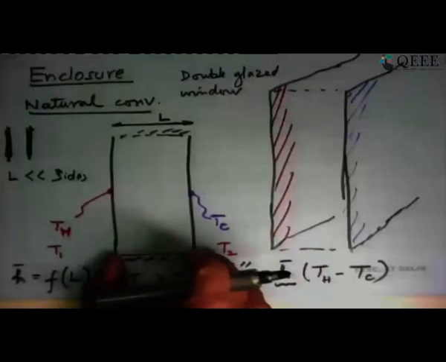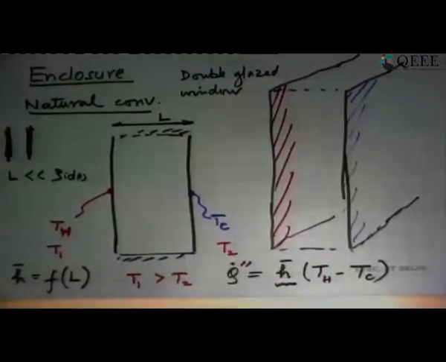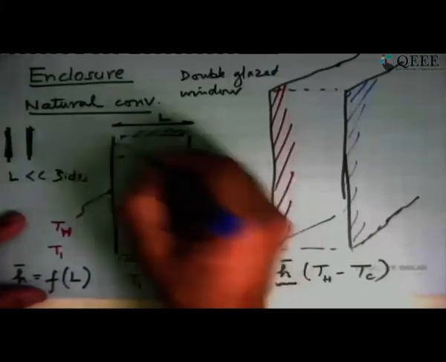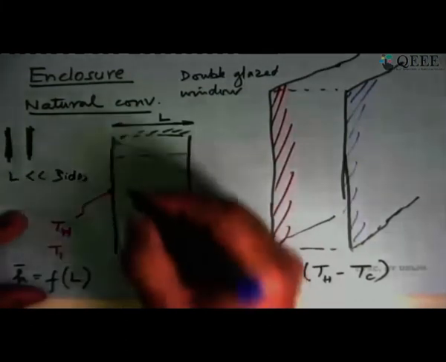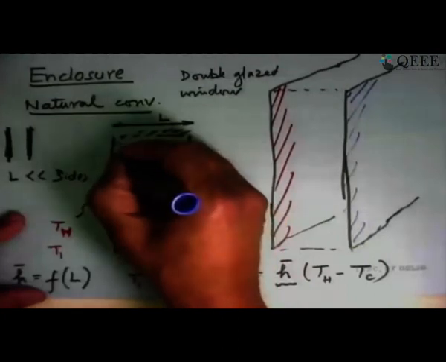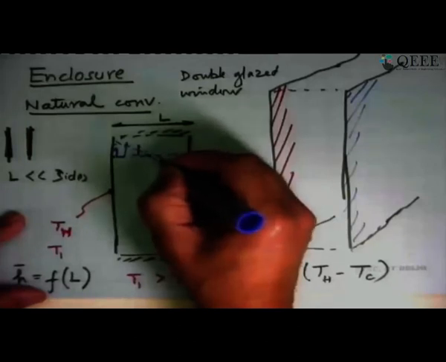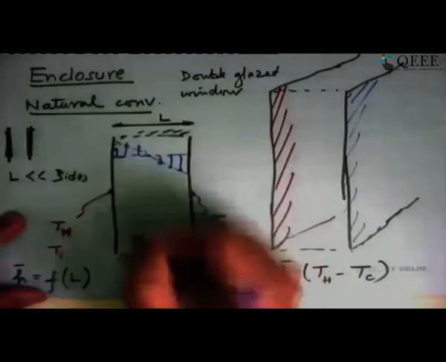Now when you start imposing different temperatures, and start making L big for the same temperature difference, various things begin to happen, and you get 3 or 4 different regimes of flow. The first will be that yes, there will be a temperature gradient, but the fluid will rise here, the center velocity won't be 0, and then it will turn around.